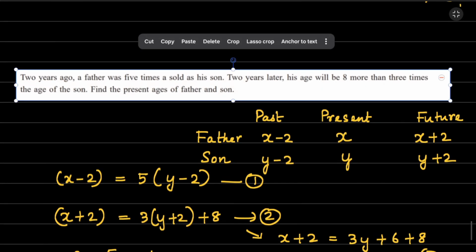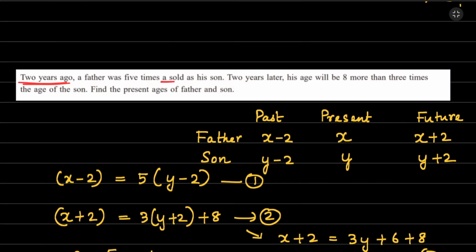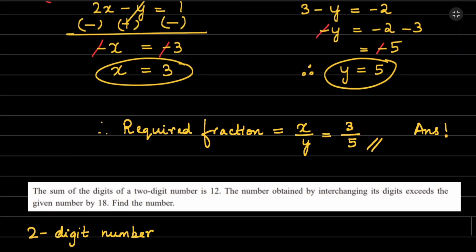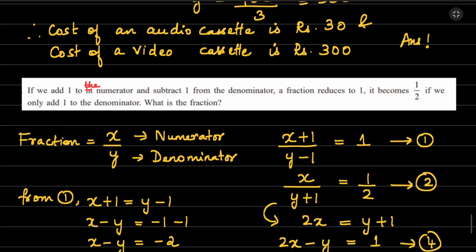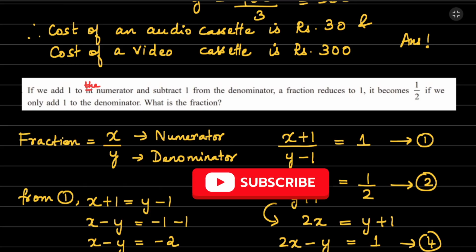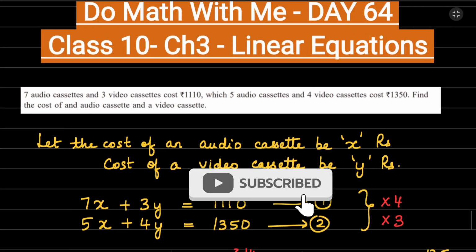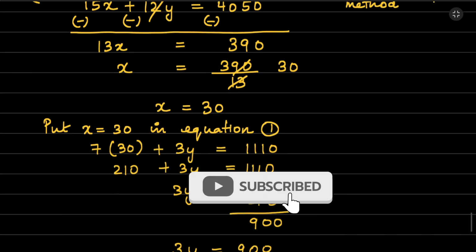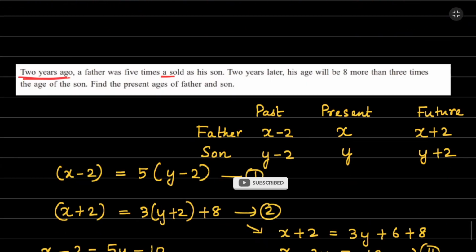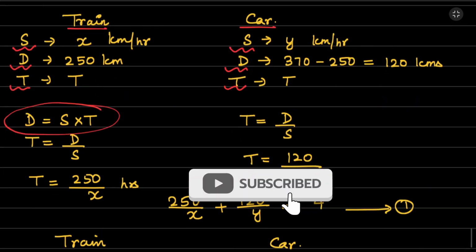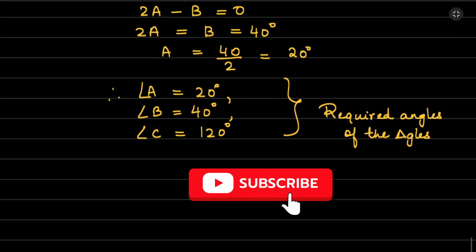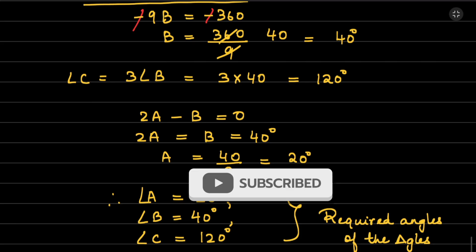We solved a problem on age, then a problem on a 2-digit number, and a fraction-related question. All of these questions are very, very important. We could solve only 1 or 2 in each type. We have to practice a lot more, so make sure you do a lot of questions. It's very, very easy as long as you're practicing.